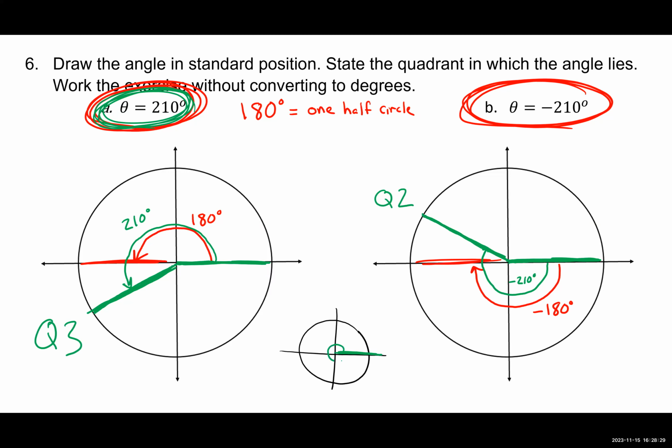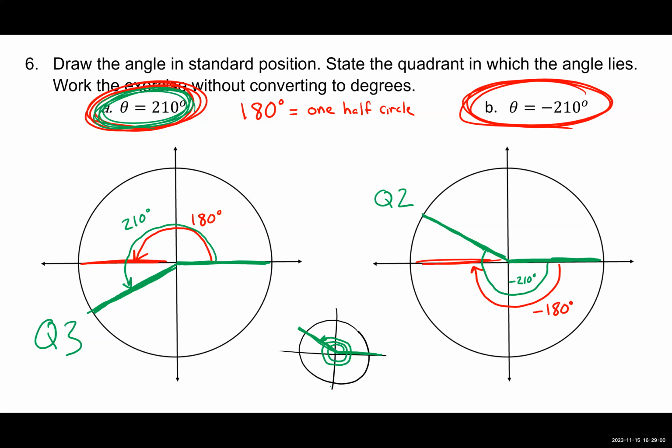Goes all the way around, goes all the way around again, and it stops, I don't know, over here. So 2 full circles plus a little bit more. So you could have an angle of 500, 1,000, 1,000,000 degrees, whatever. Angles can be any positive number, any negative number, also could be 0.